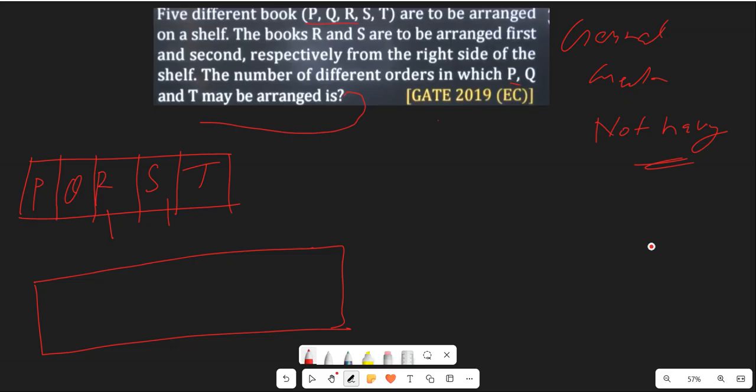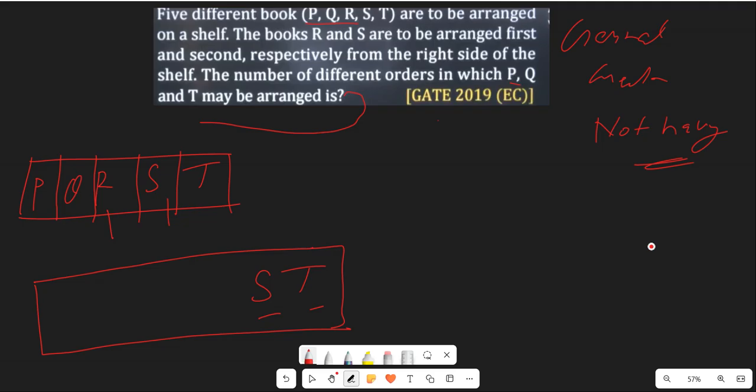R and S are fixed. They are already arranged, so it is a fixed point on the right side of the shelf.